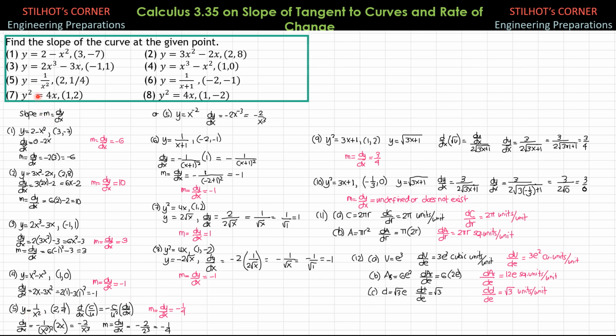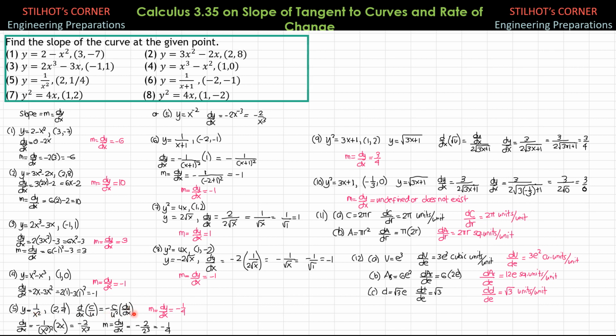Problem 5, y equals 1 over x squared, at the point (2, 1/4). When x is 2, y is 1/4. We can use the derivative of a constant over u from the derivative formulas, which is negative constant over u squared times the derivative of u with respect to x. In this case, imagine that u is x squared and the constant is 1, so the derivative of u is 2x.